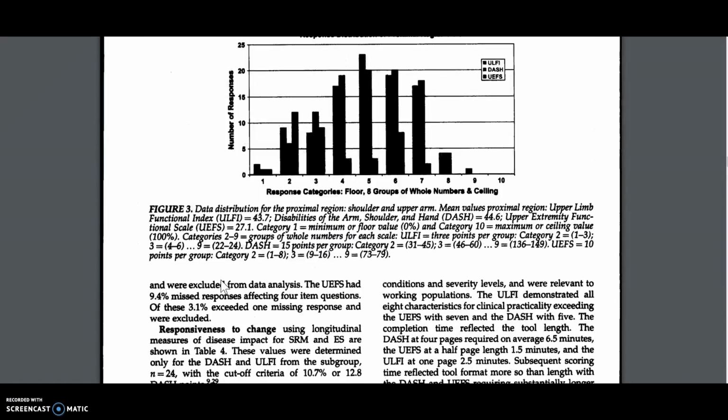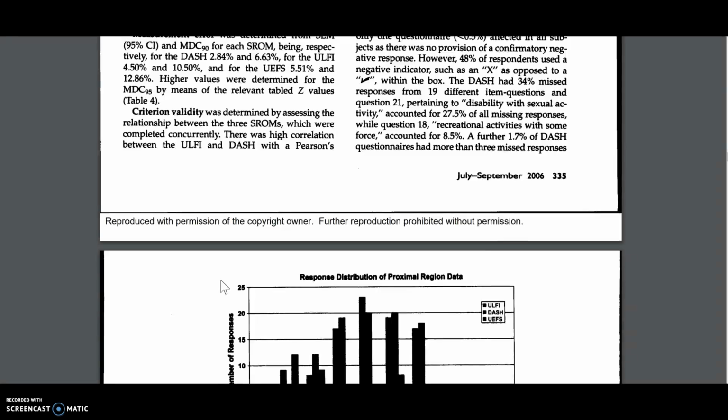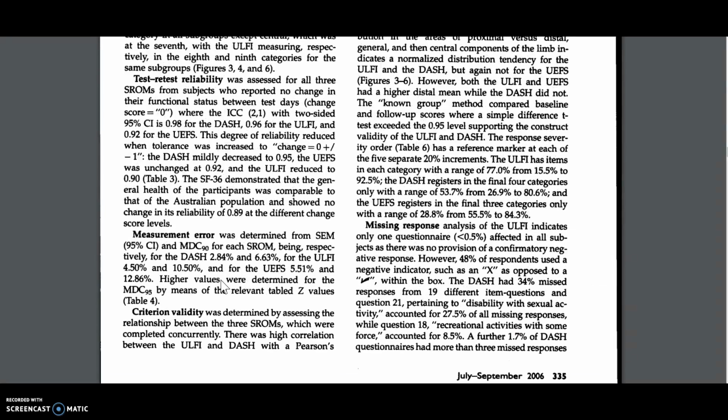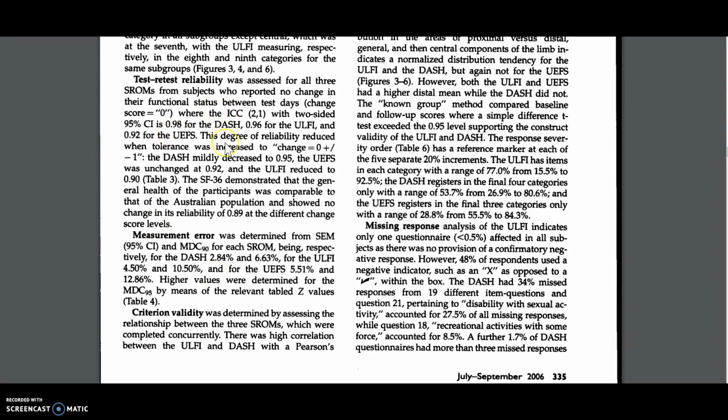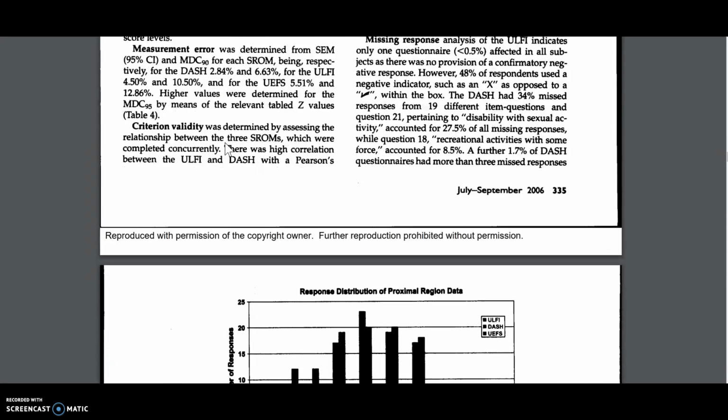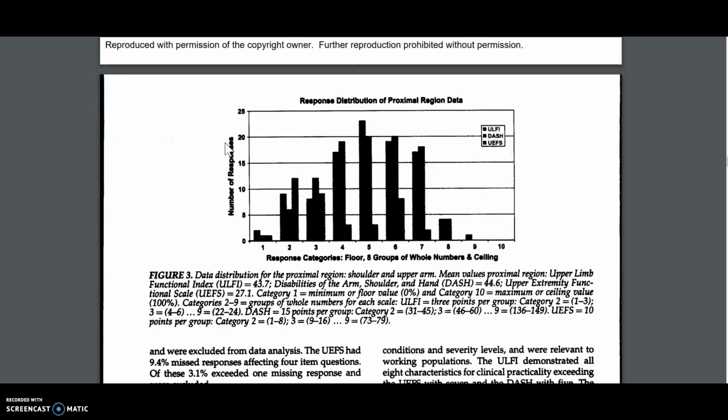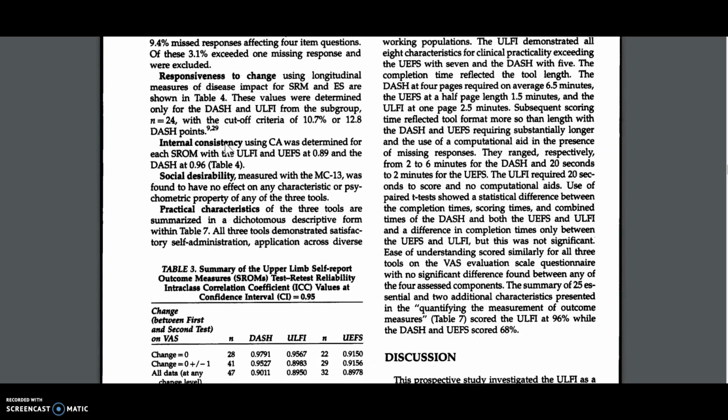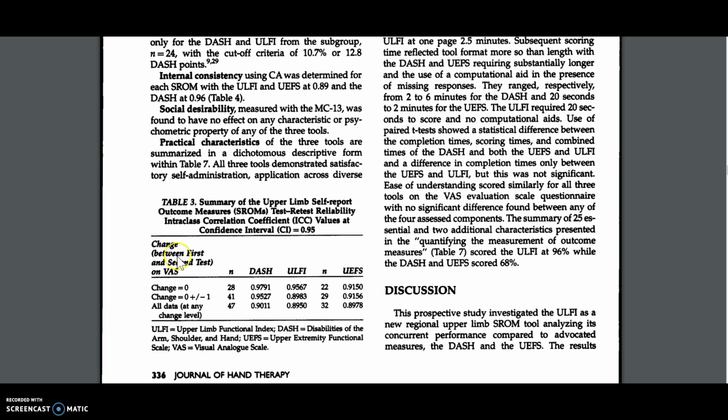So on page 335, where they talk about test retest reliability, the actual scores that they got using the intra-class correlation, they presented it in a graph version on page 336, where you can see change between first and second test. The number of subjects that they used, and here's the DASH, the ULFI, and the UEFS.